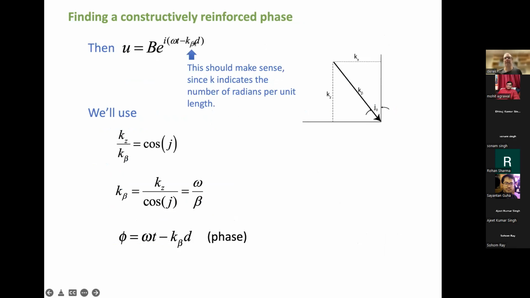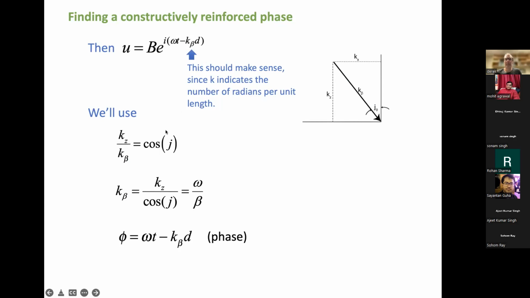And this should make sense because k, the wave number vector, is the number of radians per unit length, and d gives the unit length. So this will be in terms of radians, as well as omega t.